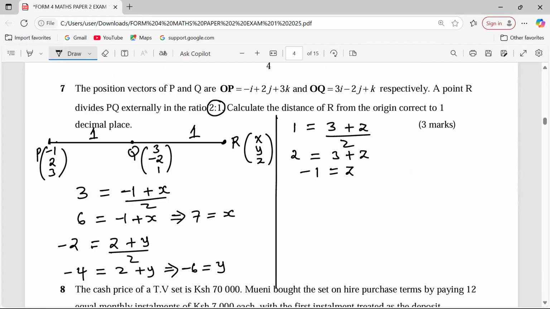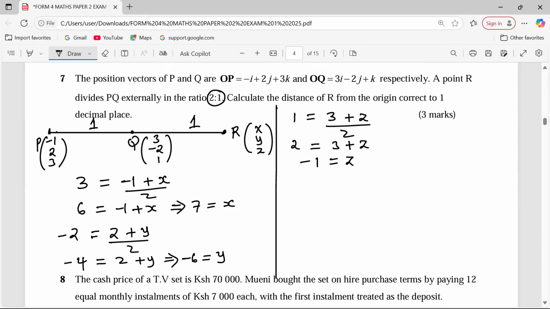In other words, the position of R equals to 7i minus 6j minus Z, like that. Minus Z.